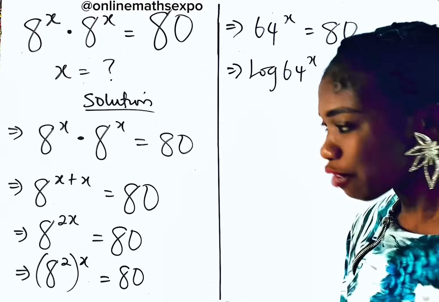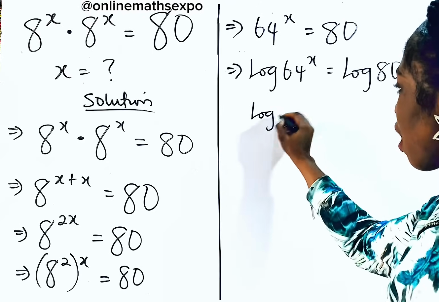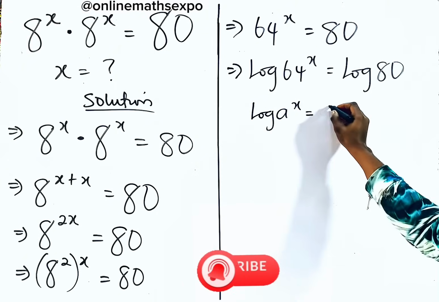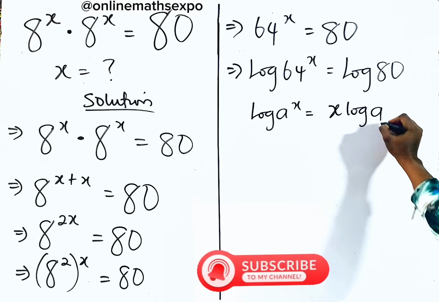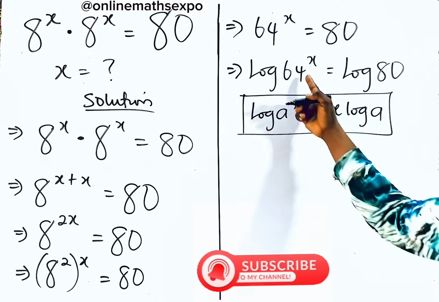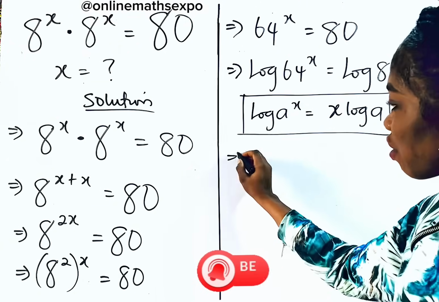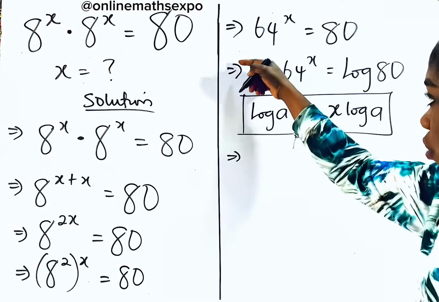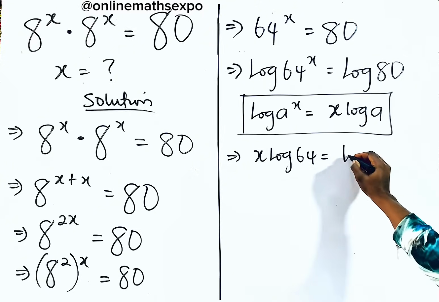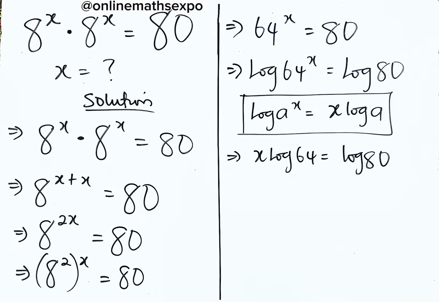Now, remember, for every log of a to the power of x, the power multiplies the log. So it's giving us x log a. This is going to be a guide. So we're going to apply this at the left side. And to do that, we multiply. We have x log 64 is equal to log of 80.